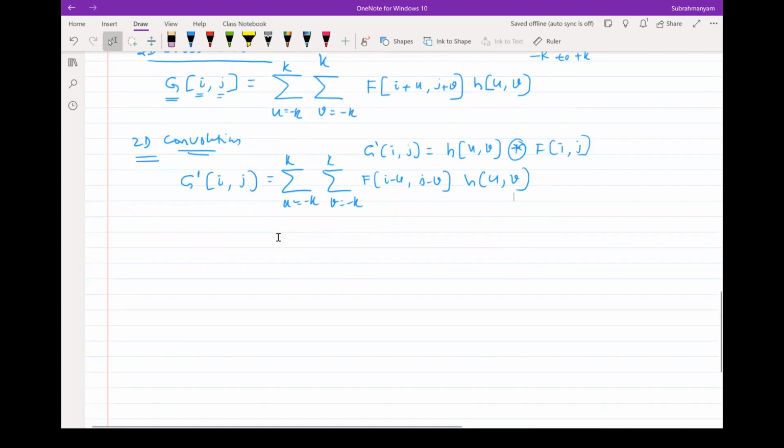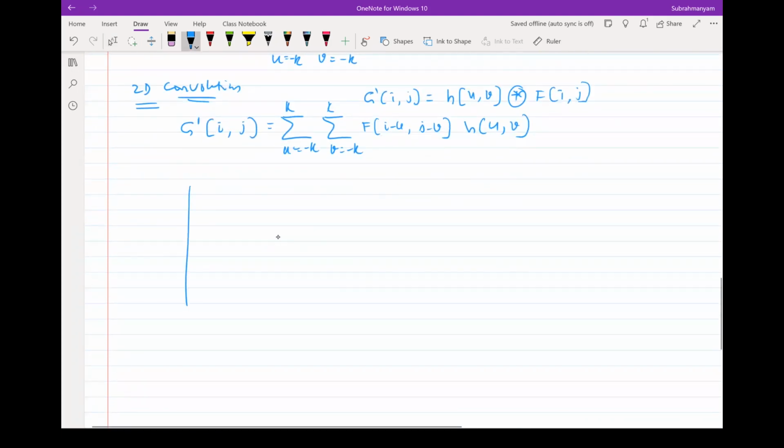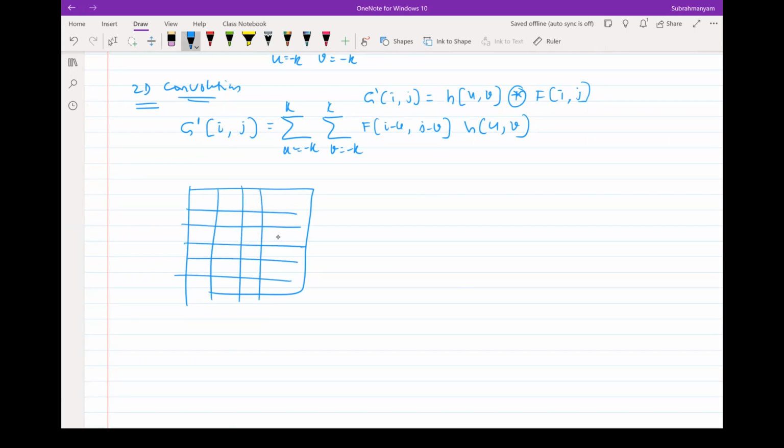If you want me to draw how it looks, you have an image. Suppose at a given location, this is your i and j, and this is what you have as f of i comma j, this image.